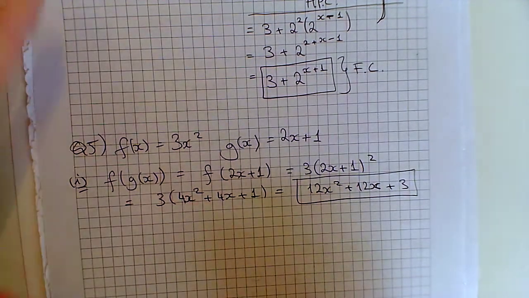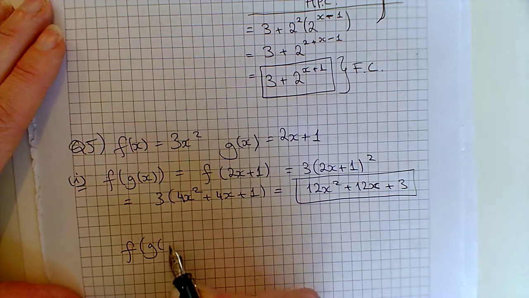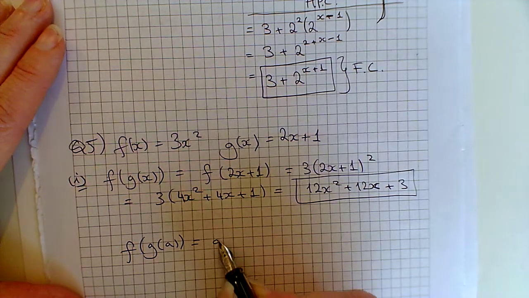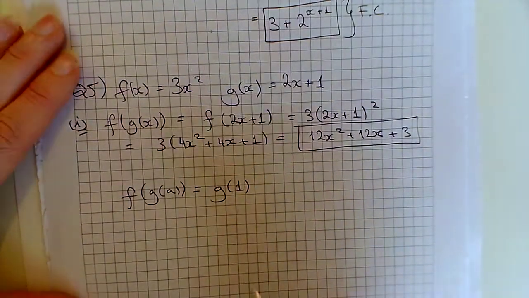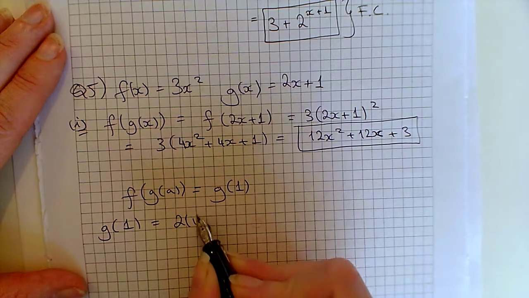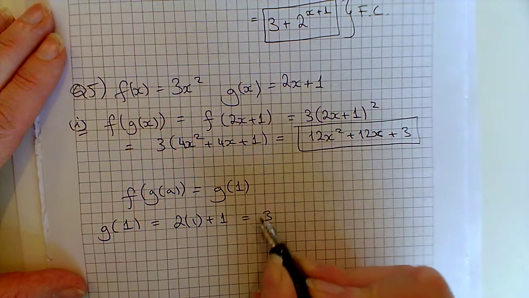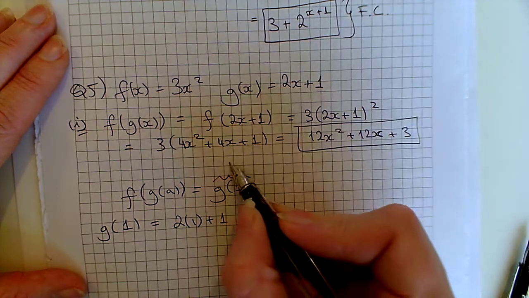And then they said, hence solve the equation f of g of a equal to g of 1. So first of all, we need to find g of 1. And g of 1 will be 2 by 1 plus 1, which is 3. So this is 3.